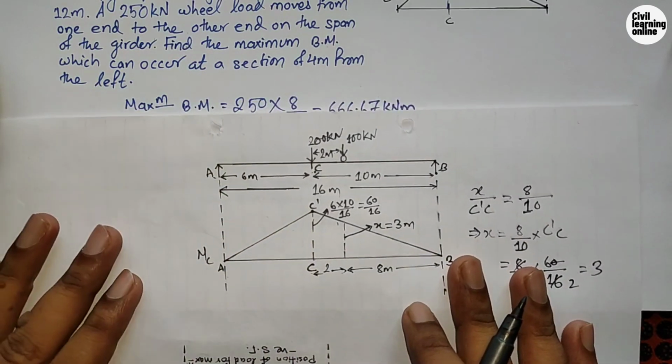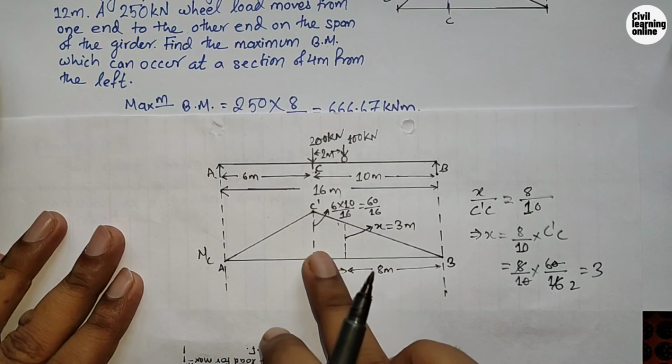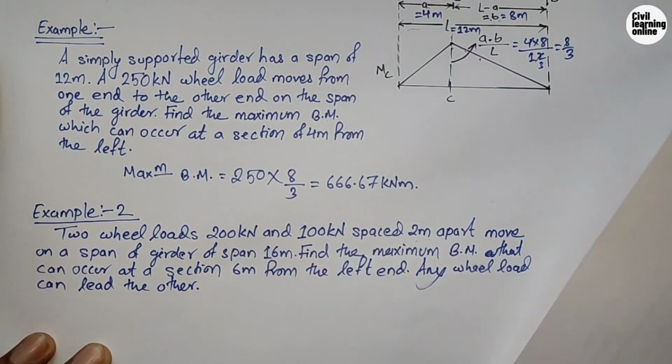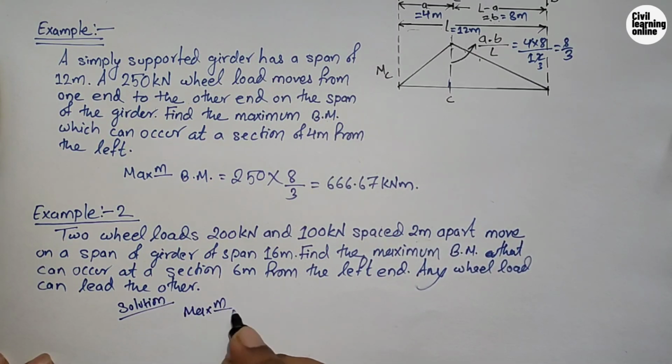Now what we need to do is, after getting the value of this ordinate, simply multiply the point load with this ordinate and calculate the final answer, which I am doing here. So we have come to know the ordinate. So solution, maximum bending moment will be equal to load multiplied by the ordinate.